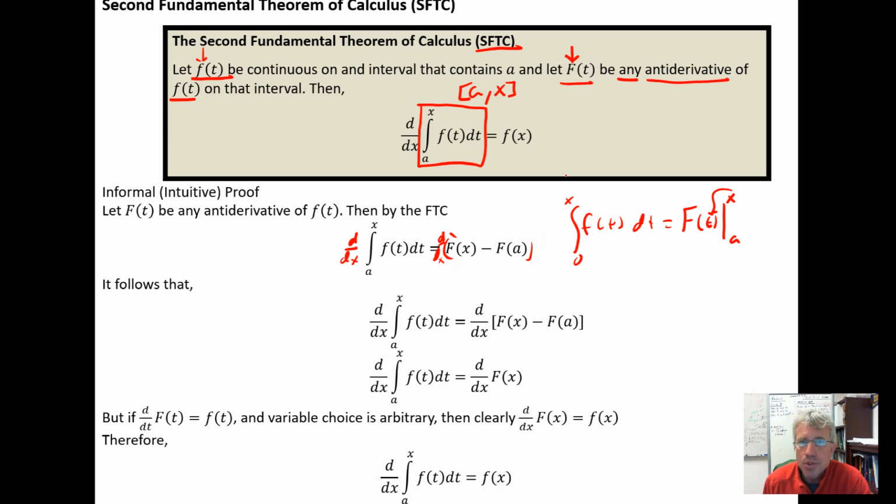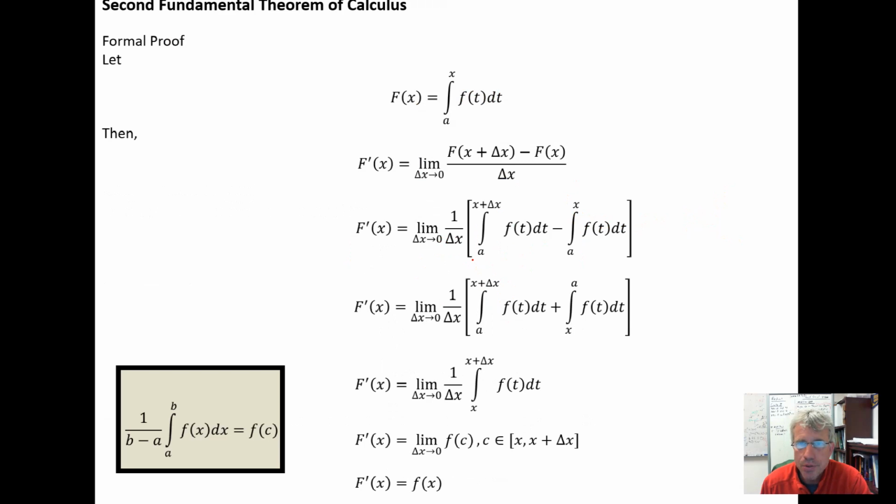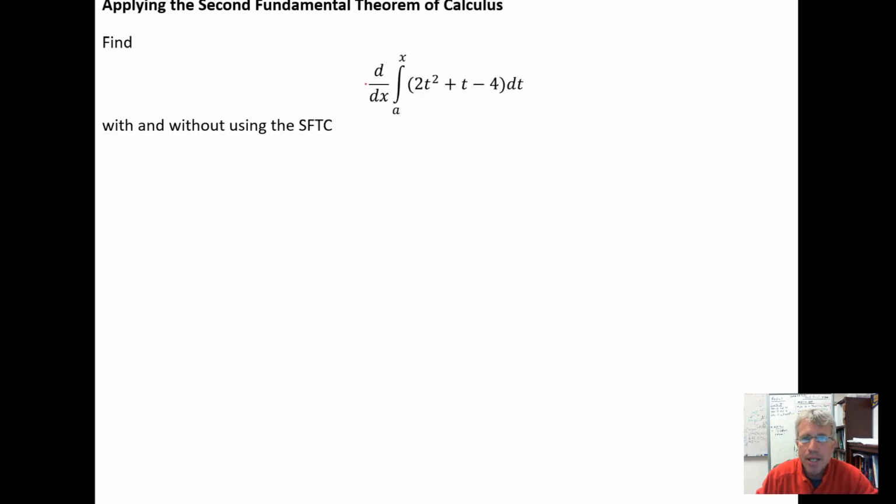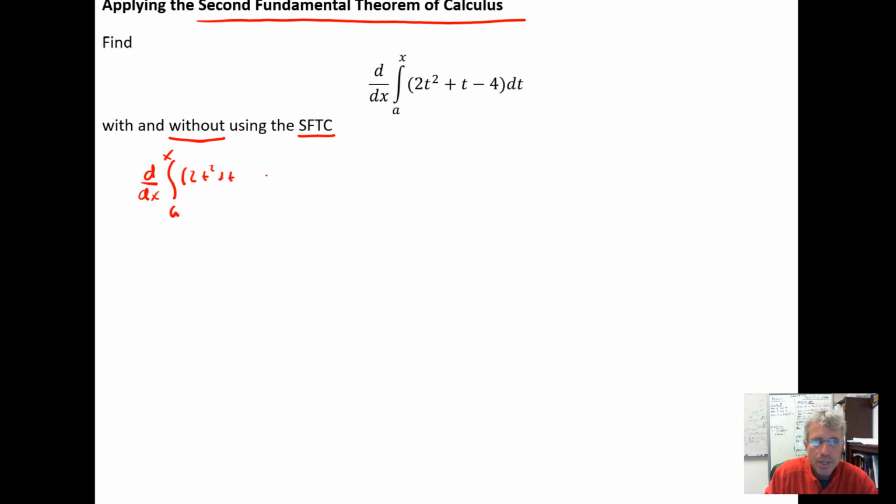So when you use the second fundamental theorem of calculus, I'm going to skip the proofs. I'm not going to focus on proofs in this video. So just applying the second fundamental theorem of calculus, let's say we wanted to take this derivative. If I said, I want to take d dx of the integral from a to x of 2t squared plus t minus 4 dt, and I wanted to do it without using the second fundamental theorem of calculus, you would first need to integrate.